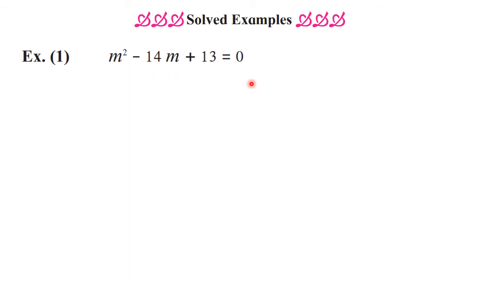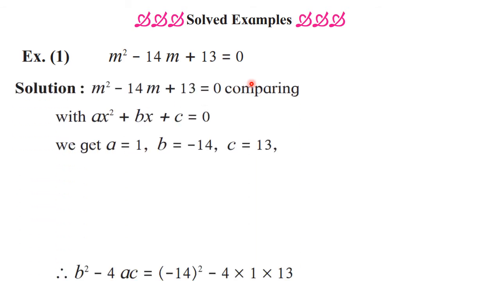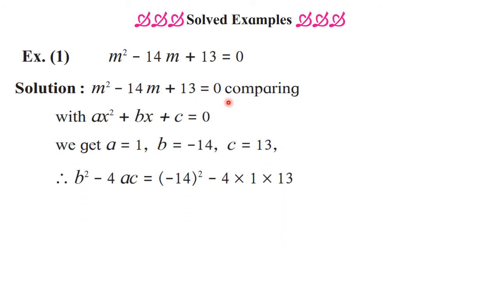Then we have to compare it with the standard form and write down the values of a, b and c. Comparing with the standard form, we got a is equal to 1. See here, no number is seen, means a is 1. b is equal to minus 14 and c is equal to 13.